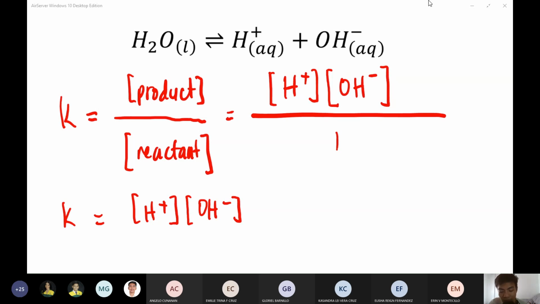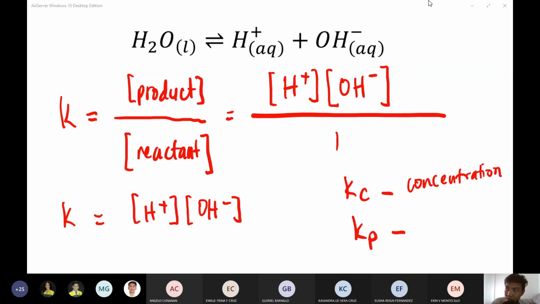Okay, that's it. Also, since we write the molar concentrations, we need to indicate what kind of K it is. There are two kinds of K: Kc and Kp. When we say Kc, that is the equilibrium constant in which our substances are in concentration units.